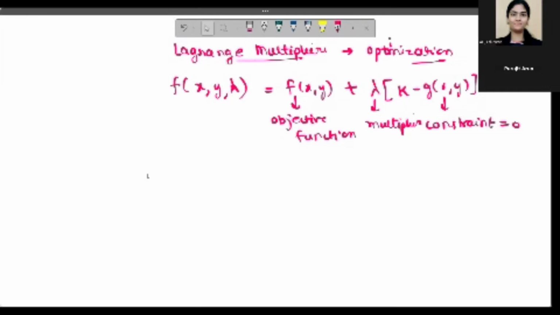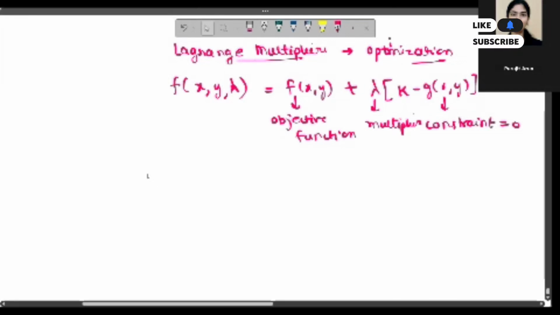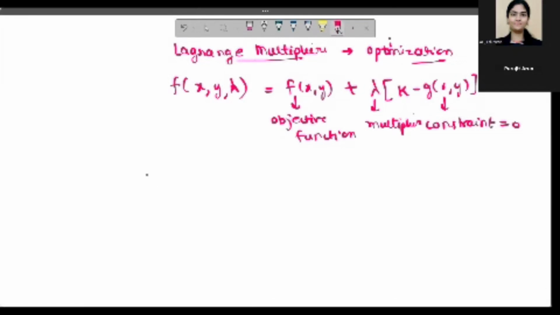You need to optimize it, and it is subject to the constraint, which is x plus y equals 56. Yeah, got it, ma'am.